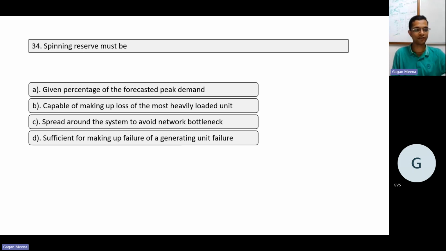That is, out of all the n components, even if one component fails, the system should still be working properly. Generally, we take the largest unit in the system, maybe 1 gigawatt, 2 gigawatt.